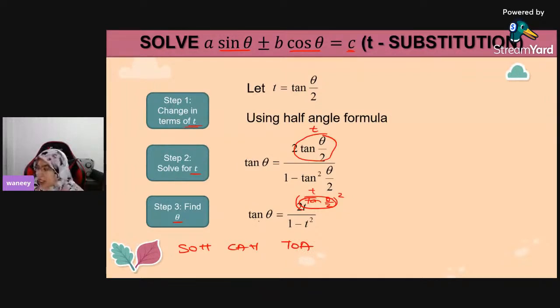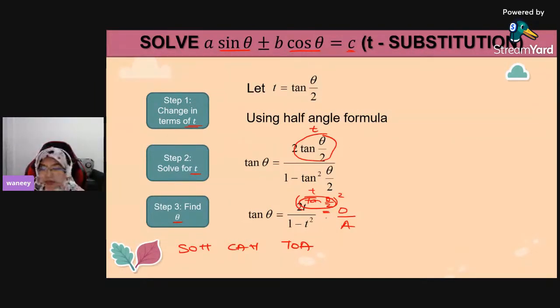So this is tangent, right? So we have 2t for the opposite, and then 1 minus t square for the adjacent. Okay, so tangent theta is equal to 2t over 1 minus t square.